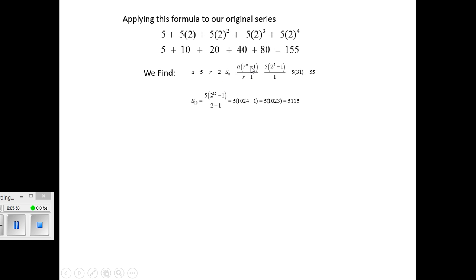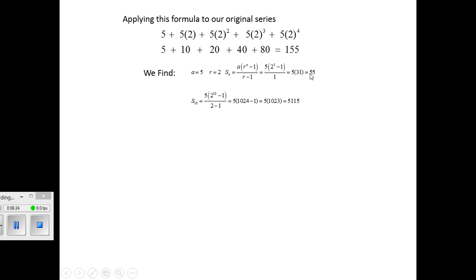We're going to want to sum up to see that we get the 155. That's the first 5 terms. So r to the n is 2 to the 5th, which is 32, less 1 is 31, times 5. And the denominator is r, the common ratio, which is 2, less 1, which is 1.